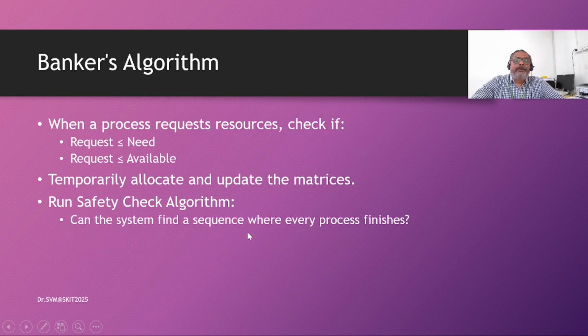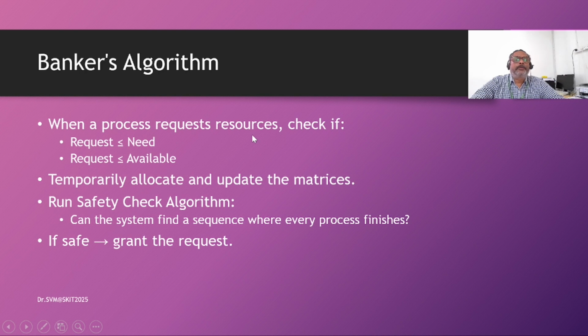Can the system find a sequence where every process finishes? Can we have a sequence of processes executed one after another so that each one can complete its task? If so, we say it is safe, otherwise unsafe. If it is safe, then grant the request.